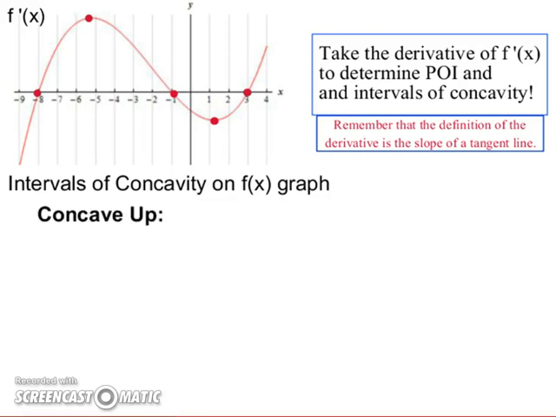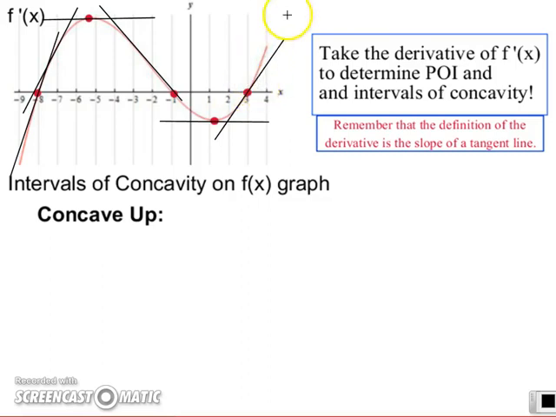So here's the deal. Taking the derivative of this graph means that we're thinking about the tangent lines of this graph. Tangent lines are positive over here. Tangent line is actually 0 right there. Tangent lines are negative here, 0 here, positive here. So we're talking about the tangent lines of this graph because we're taking the derivative of this graph.